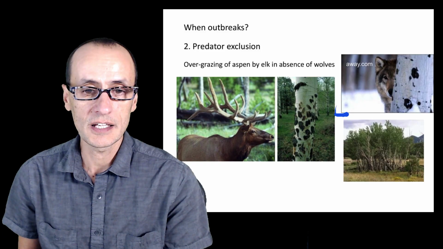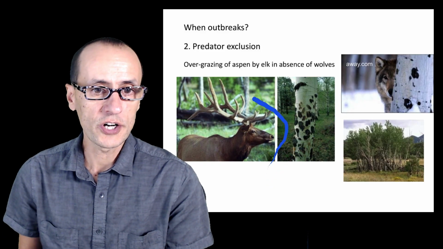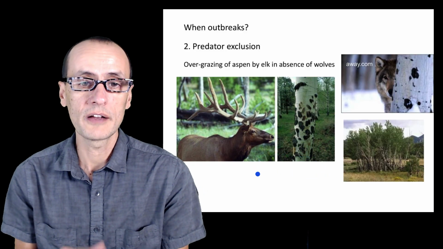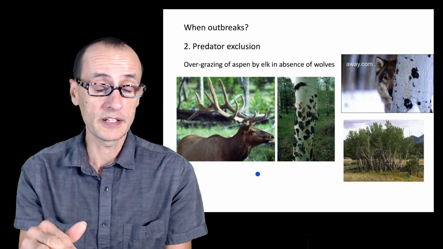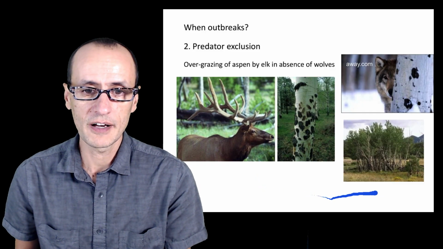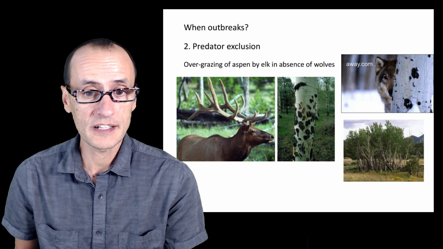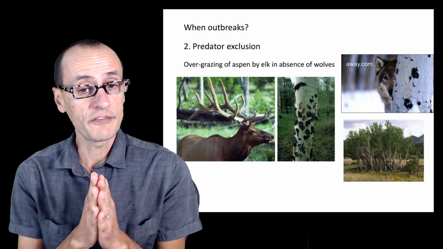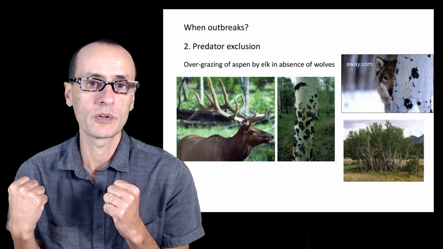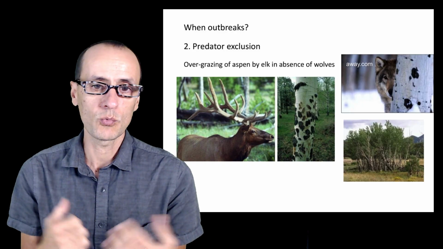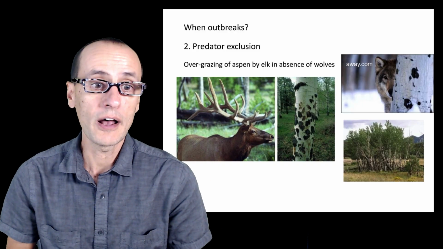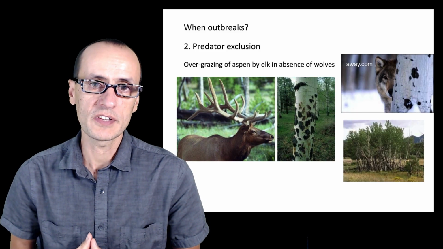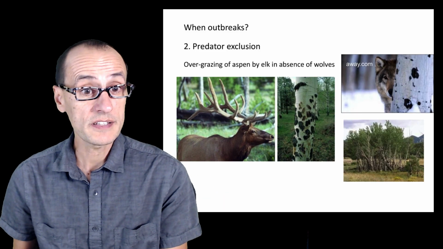The consequence of that is that large ungulate browsers like these elk were able to defoliate the riparian vegetation, in fact limiting recruitment of things like poplars along streams and so on. So the vegetation in these environments where wolves were removed is completely different than where wolves are there and able to keep elk under suppression.